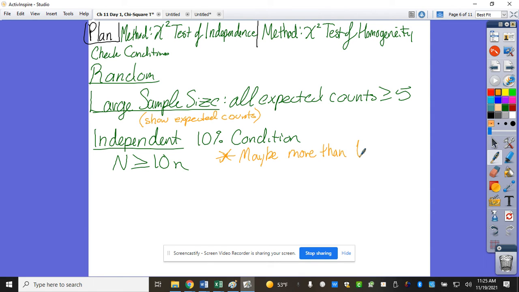That sounds weird right now. The example that we've talked about, we took one sample from one population, so we would have one 10% condition that we're checking. If I'm taking samples from different populations, like a 2-sample kind of thing, then we would have to check it for 2, which only applies to the homogeneity one.